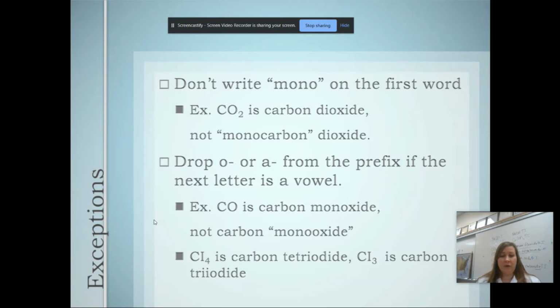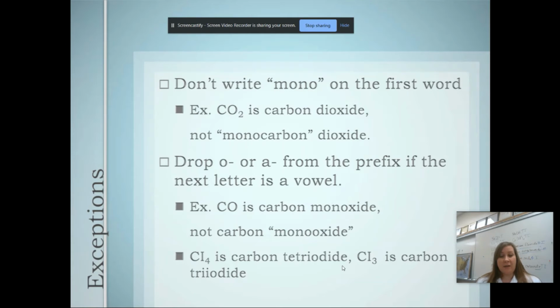So CO is carbon monoxide, not carbon monooxide, especially because that sounds a little strange, but it looks really strange. It looks like it should be monoxide or something like that. And of course it's not. And CI4 is carbon tetraiodide, not carbon tetraiodide.